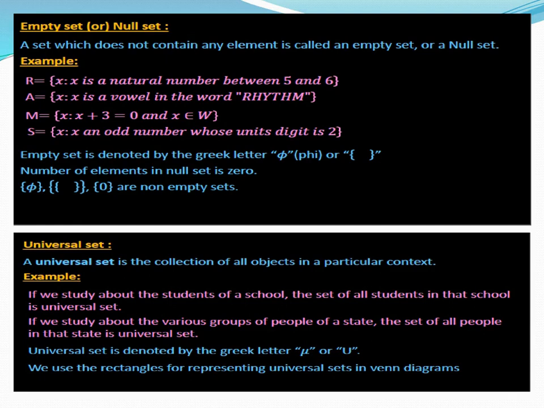Also, universal set is denoted by the Greek letter mu. You can write here mu or U. We use rectangles for representing universal set in Venn diagrams. Next we can learn Venn diagrams. In Venn diagrams you can represent universal set in a rectangle box.